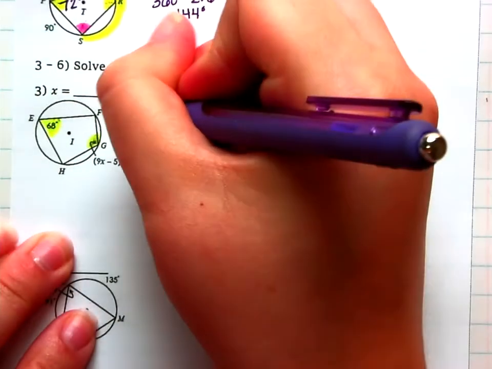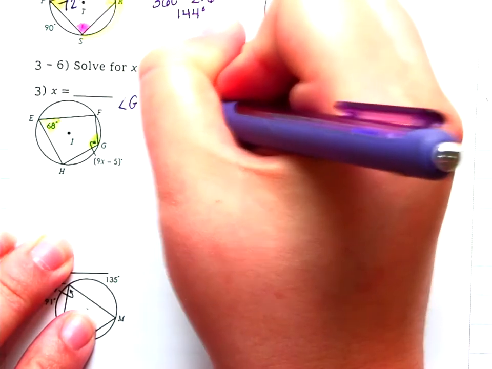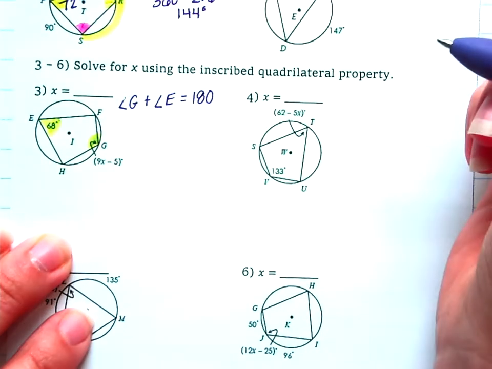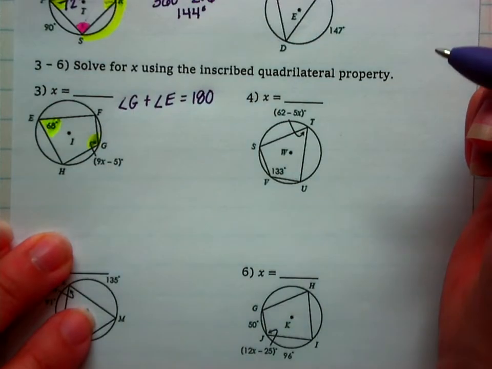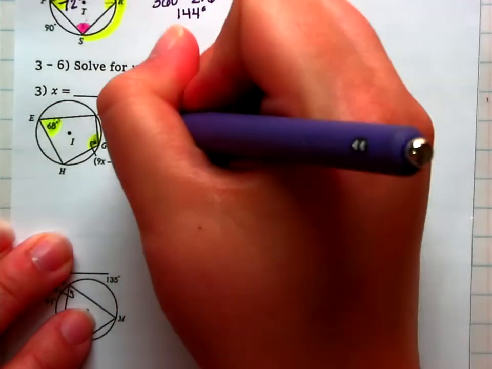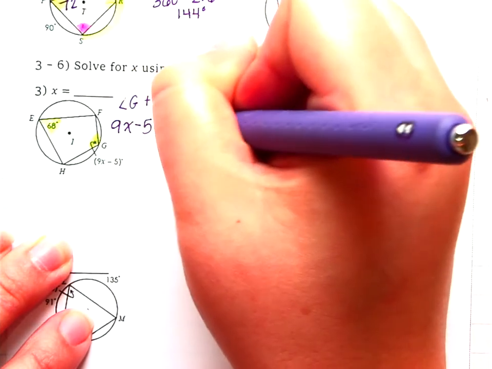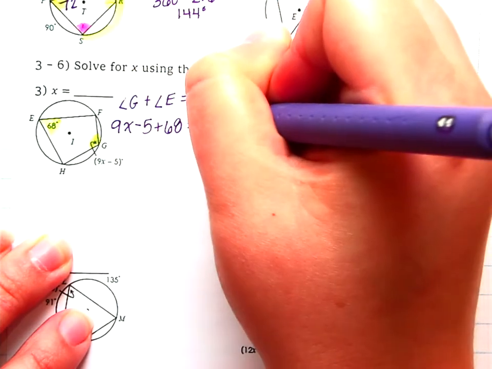So, angle G plus angle E will equal 180 degrees. So, we have 9x minus 5 plus 68 equals 180.